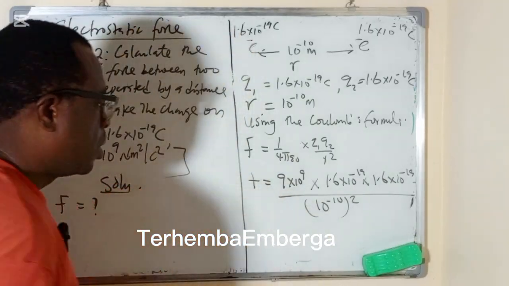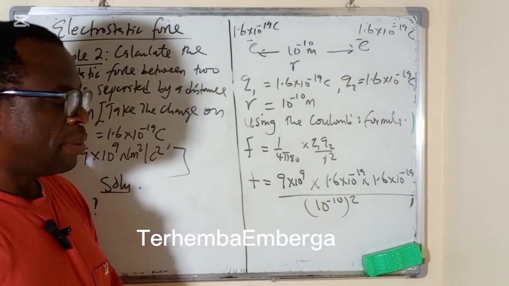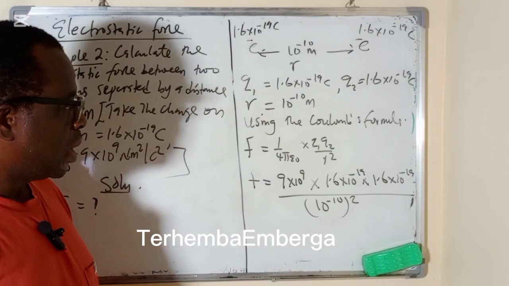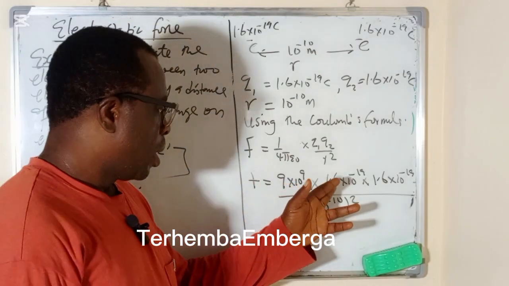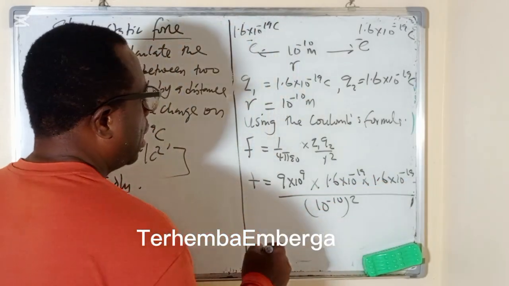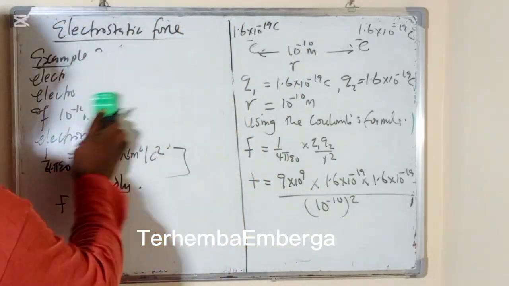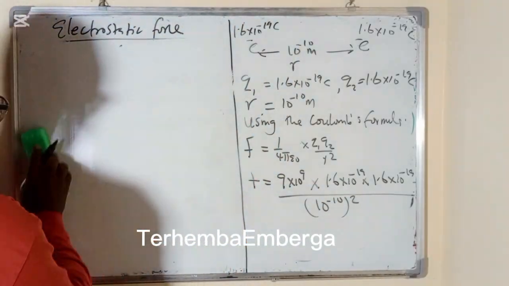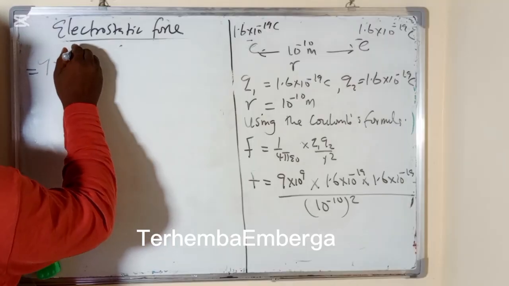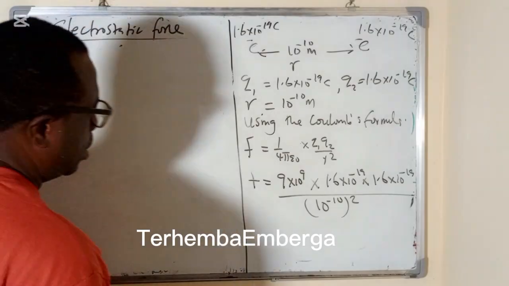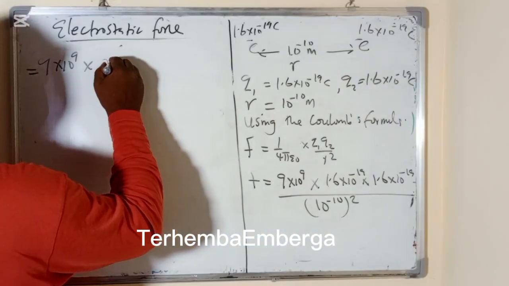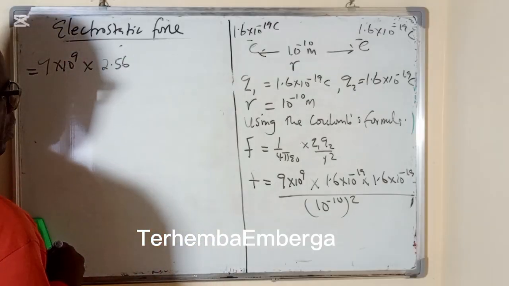So at this point, this looks intimidating, but we can actually solve this without using a calculator. Let's do it this way. We have 9 times 10 raised to the power 9 times 1.6 times 1.6, which will give us about 2.56.